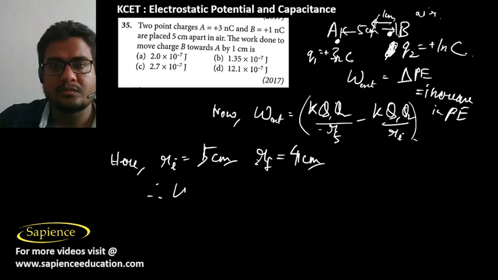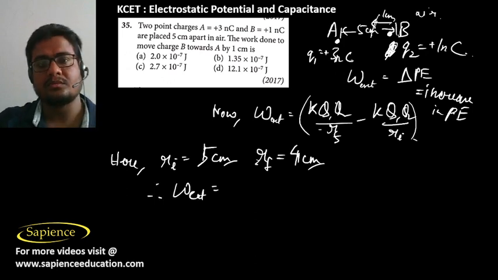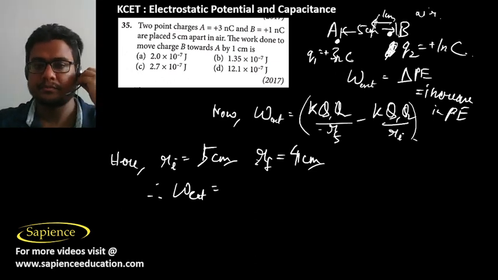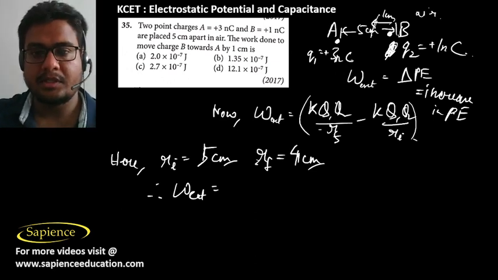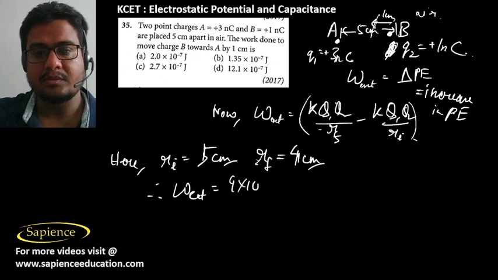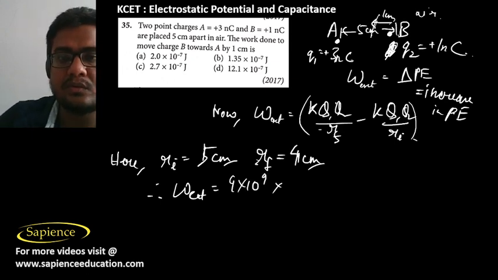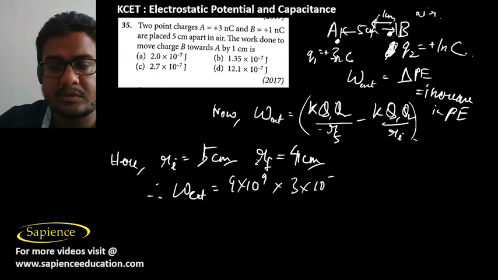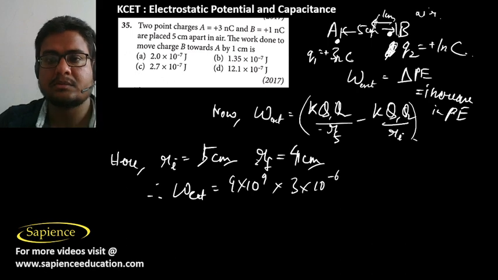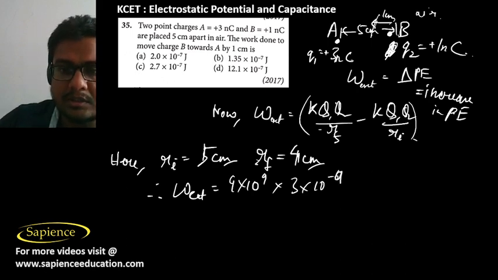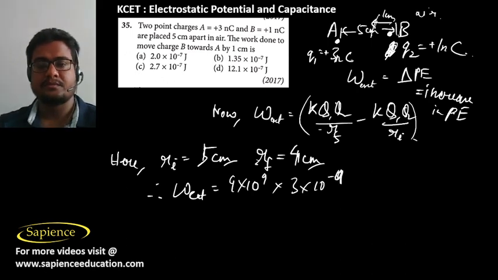Now therefore work done by the external force is equal to K, which is 9 into 10 power 9, into Q1, which is 3 nanocoulomb, so it is 3 into 10 raised to minus 9 coulomb.